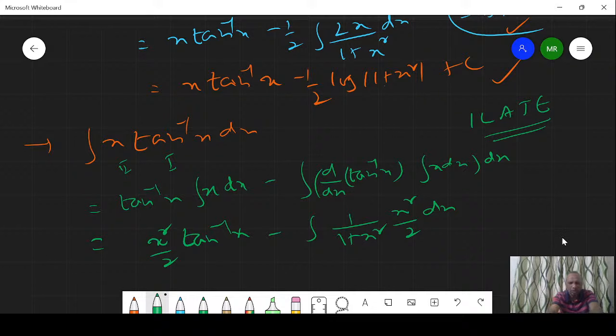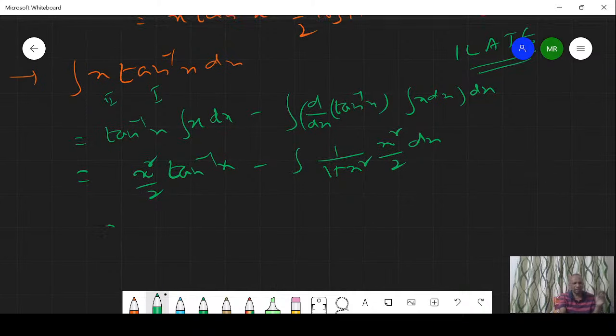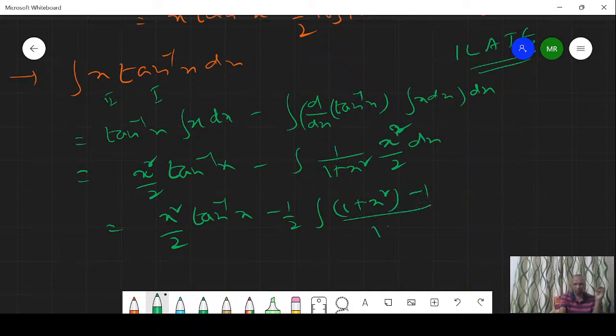Now it comes x square by 2 tan inverse x minus 1 by 2 integral x square by 1 plus x square. Since both degrees are the same, this is an improper fraction. Instead of dividing, try to get the denominator in the place of the numerator. The numerator is x square, so I can write 1 plus x square minus 1 by 1 plus x square dx. This will be easy.